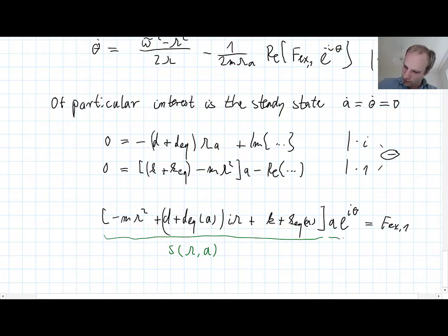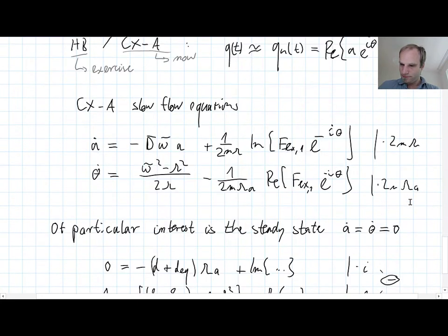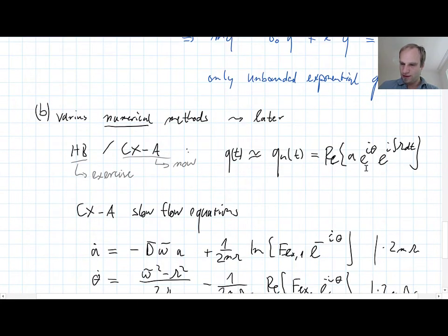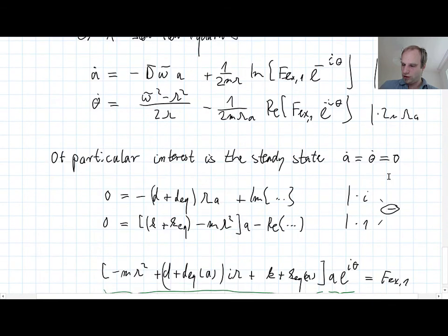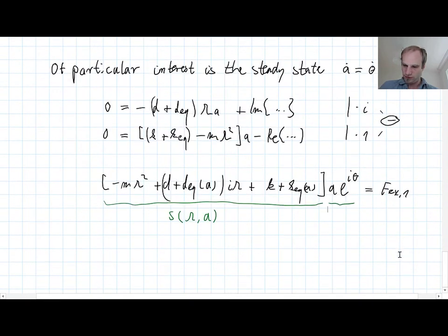And this here, a to the i theta times e to the i theta, that's just what we see here. This can be interpreted as Fourier coefficient, right? So of QH as the complex Fourier coefficient. So let's call this here Q1.